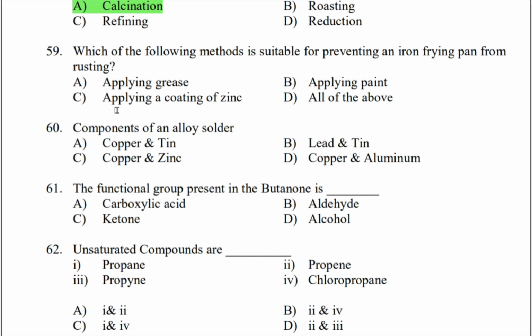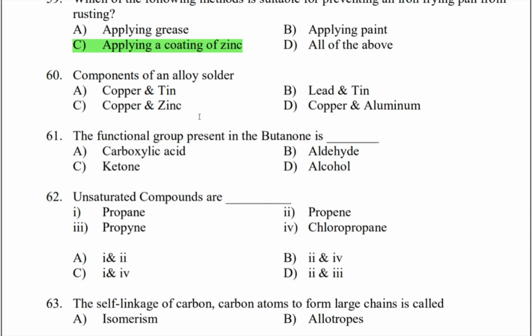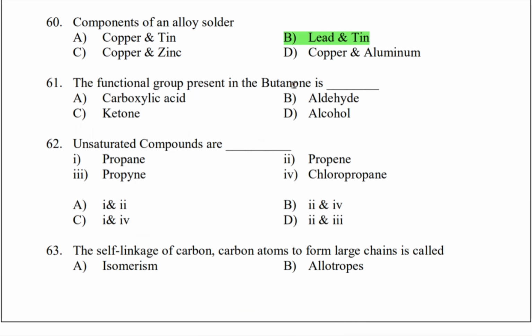Which of the following methods is suitable for preventing an iron frying pan from rusting? To prevent an iron frying pan from rusting, apply a coat of zinc. Therefore, the correct answer is option C. Components of the alloy solder are lead and tin.